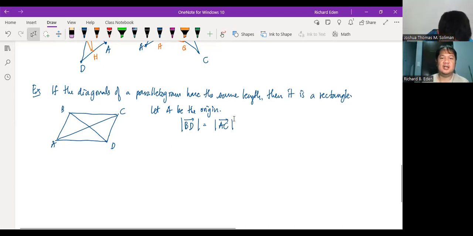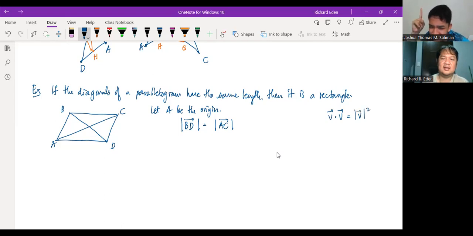Let's recall what property involves dot products and lengths. What is V dot V? V dot V is the square of the length of the vector V. And hey, we have lengths here.